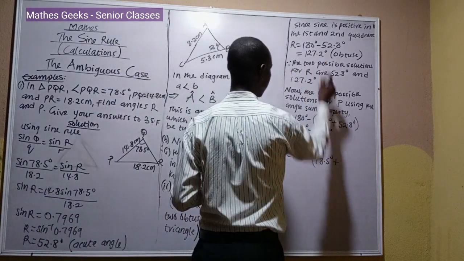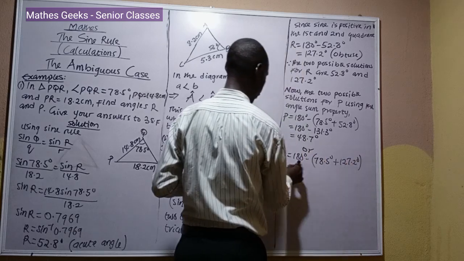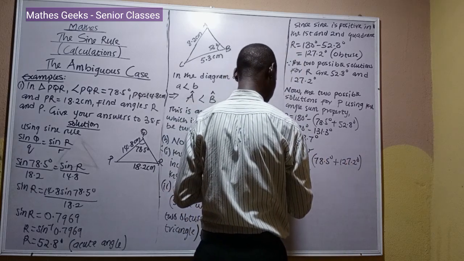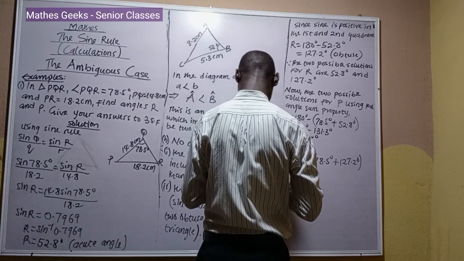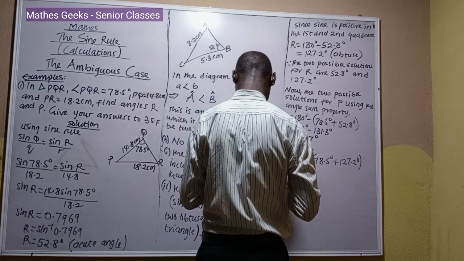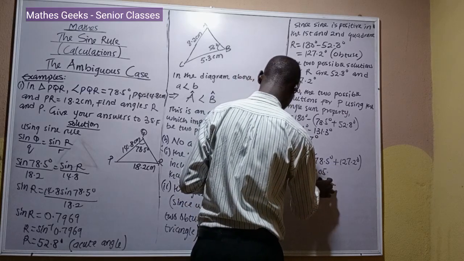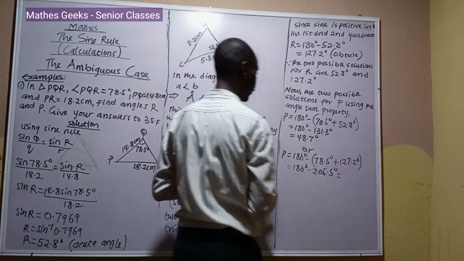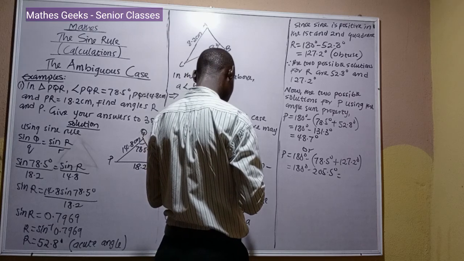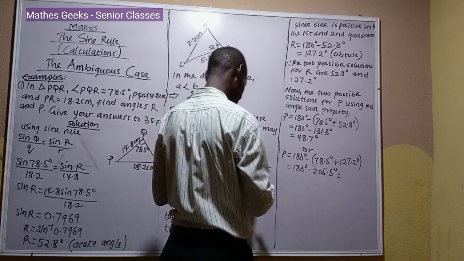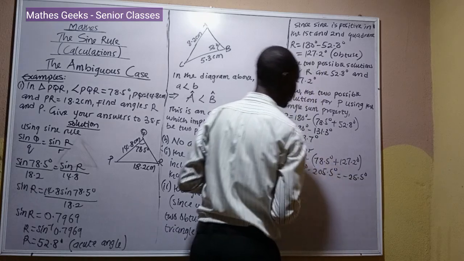Or p is equal to 180 degrees minus 78.5 degrees plus this obtuse angle, 127.2 degrees, is equal to 180 degrees minus 205.7, so we are minus 25.5 degrees.